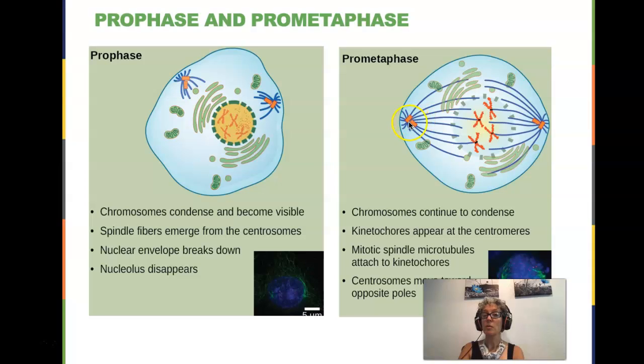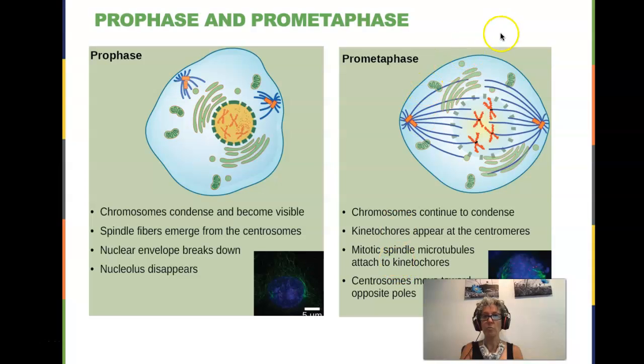And some microtubule fibers attach at the kinetochore from each side, and others do not. And those are there to push the edges of the cell apart as we move further and further through mitosis.